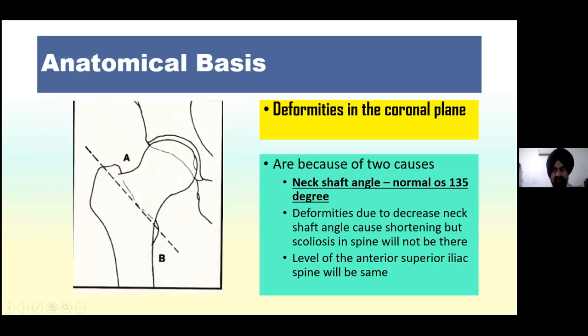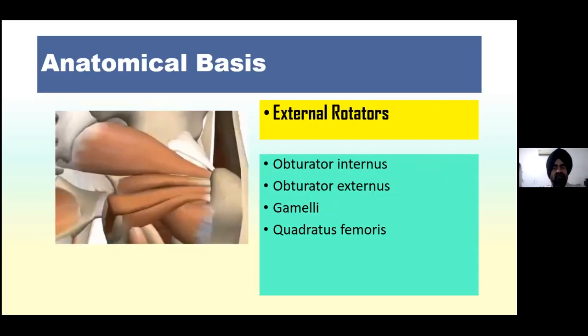Deformities due to decrease in the neck shaft angle cause shortening, but scoliosis in the spine will not be there. So when there is deformity due to decreased neck shaft angle, it will cause shortening. Level of the anterior superior iliac spine will be same. So this is how we differentiate between the deformity due to fixed adduction deformity or due to change in the neck shaft angle.